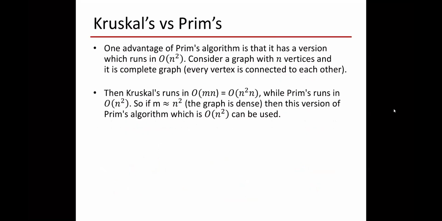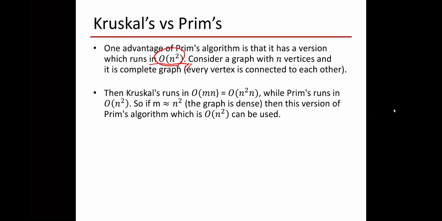Okay. So Prim's versus Kruskal's. One advantage of Prim's algorithm is that it has a version that runs in n squared, depending on your implementation. Consider a graph with n vertices that is a complete graph, meaning all vertices are connected to everybody.